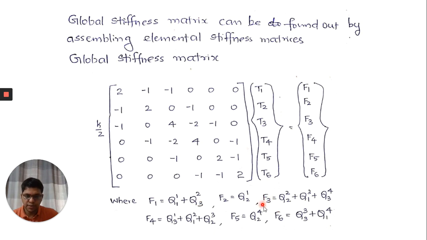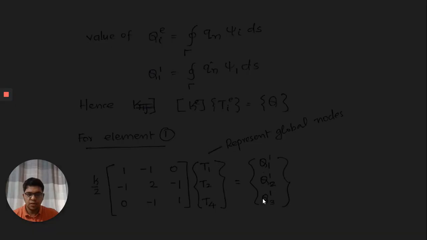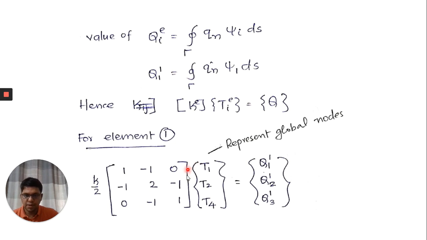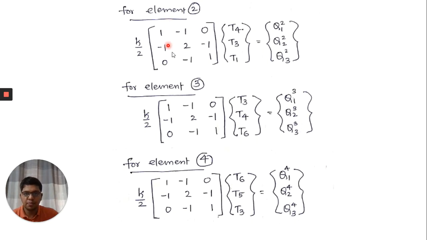So if you look at the F3, the total normal heat flux from the global node 3, that will be equal to, if you look at element number 1, element number 1 does not have a global node 3. And if you look at the element number 2, you have this global node 3, and the normal heat flux is represented by Q22.